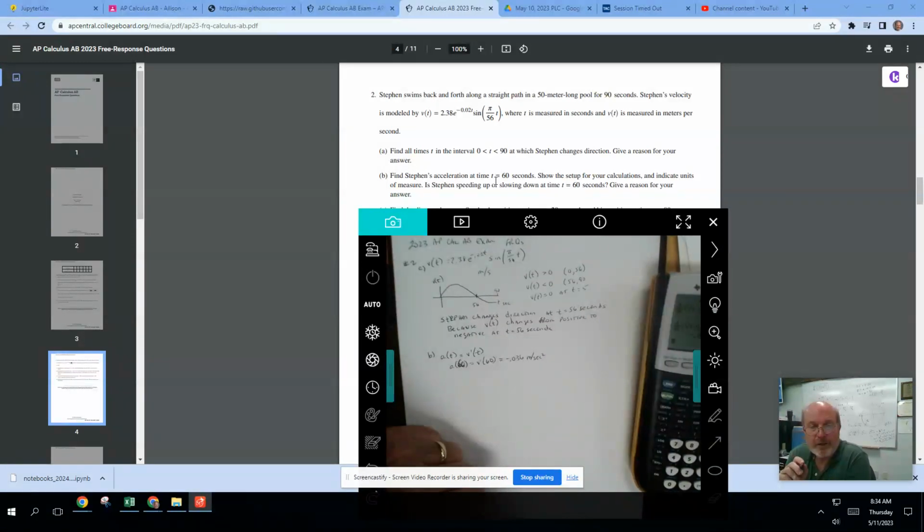Show how you indicate units of measure. Is Stephen speeding up or slowing down at time t equals 60 seconds?